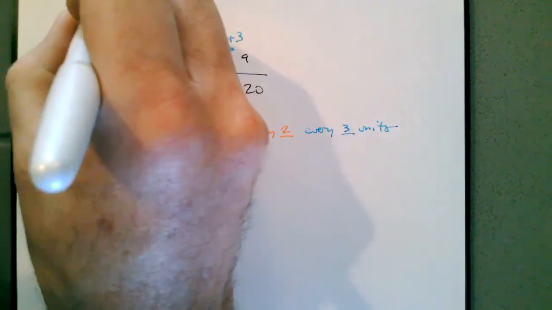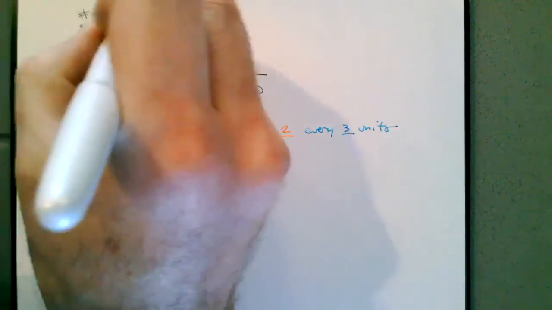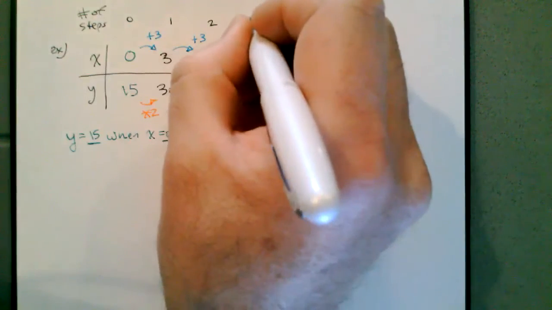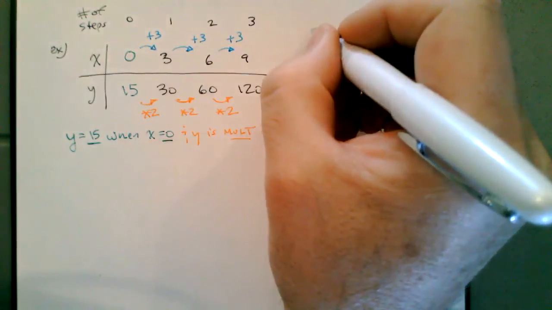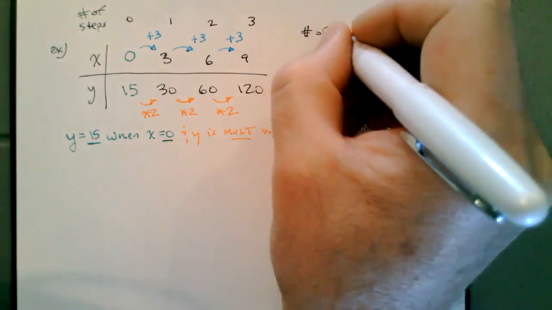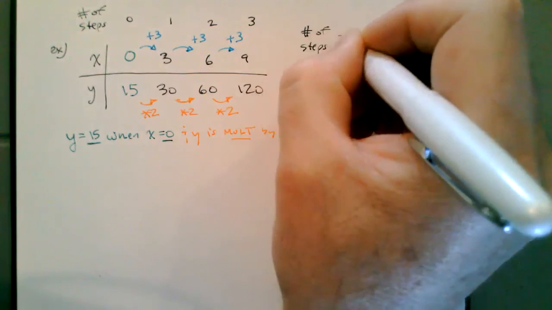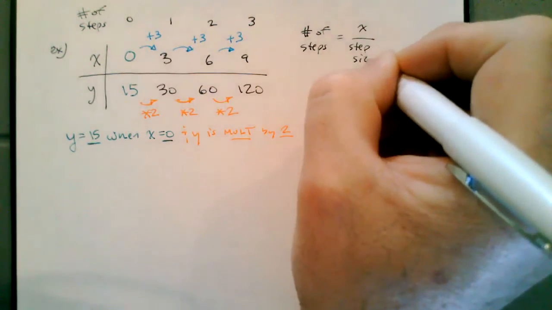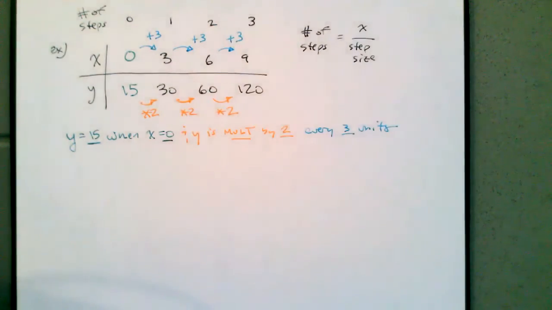So the number of steps starts off at 0. A step of 3 is 1, and then 2, and then 3. And then the number of steps is still x divided by the step size, which in this case is 3.